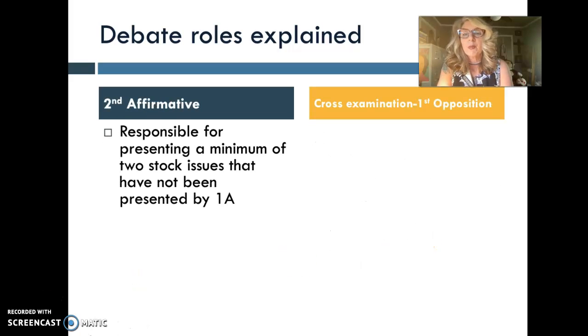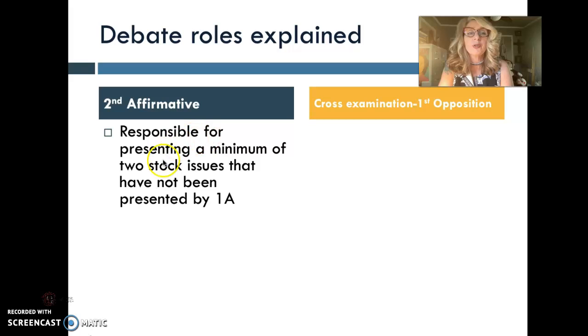Okay, second affirmative is responsible for presenting a minimum of the stock issues that have not been presented by 1A, meaning first affirmative. So maybe they're going to add more. If the first affirmative wasn't able to present all of their stock issues, then the second affirmative needs to finish that up, the full argument.